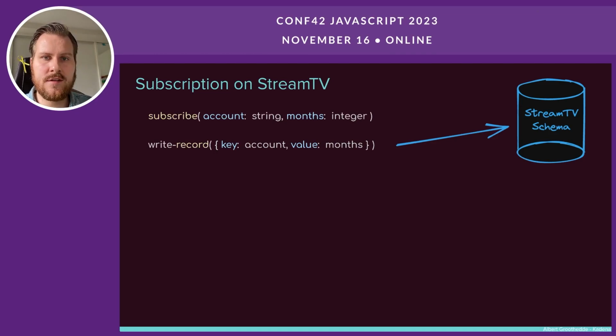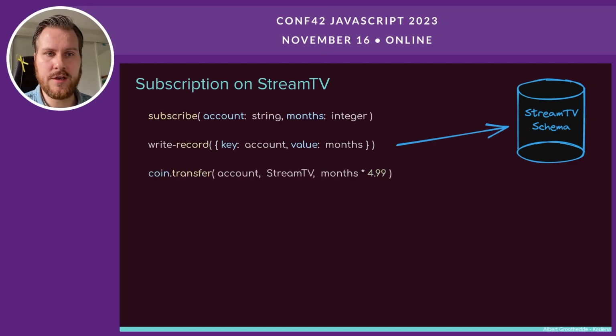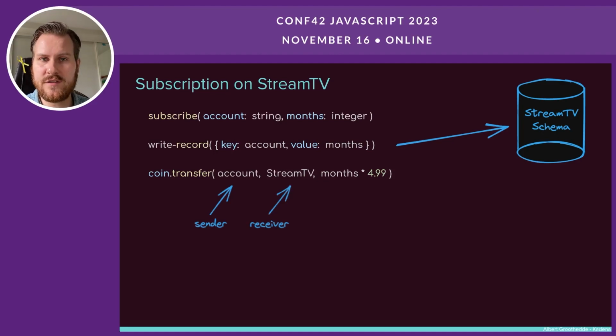To do that, we execute inside the subscribe function body another write record, which actually is something from a different smart contract, the smart contract called coin, where we transfer money. In this case, we transfer money from the sender, represented by the account of the user, to the receiver, in this case, whoever accepts this payment, and then some amount, which is the amount that's calculated times some price.